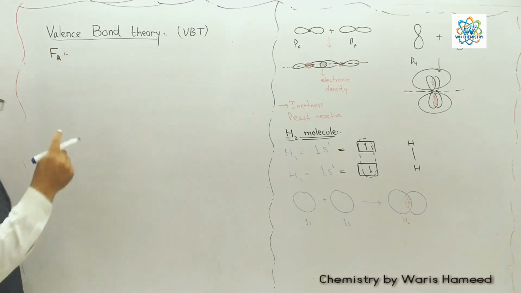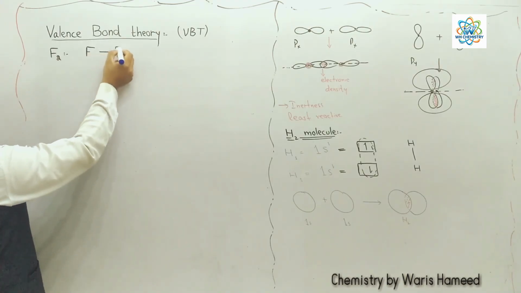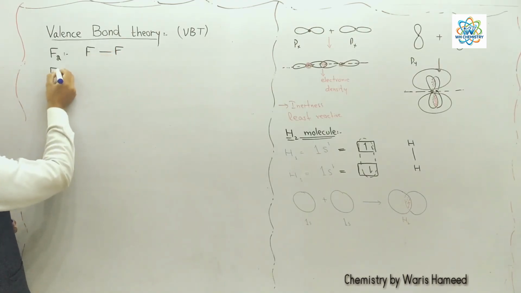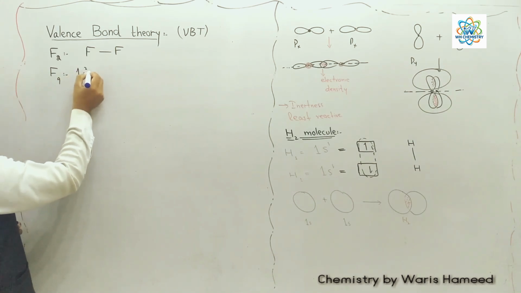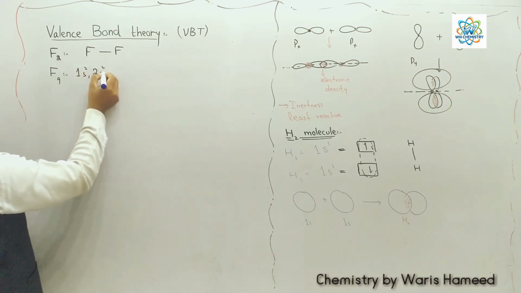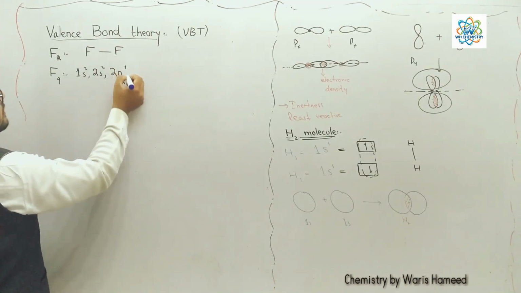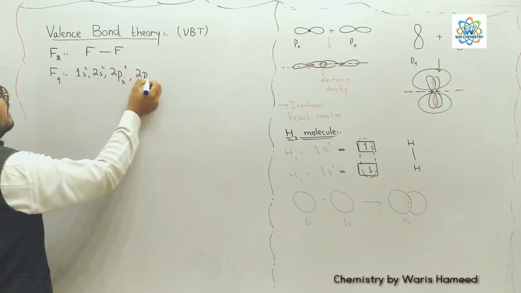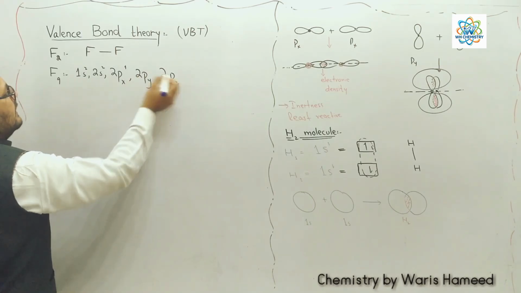In F2, two fluorine atoms form a single bond. The first fluorine has electronic configuration 1s2, 2s2, 2px, 2py, and 2pz.